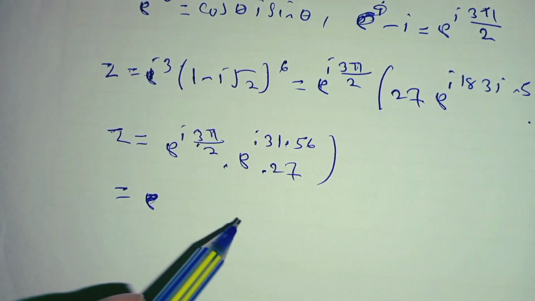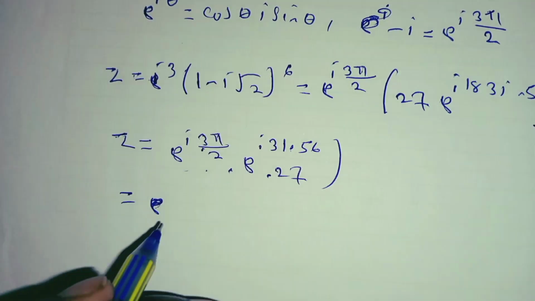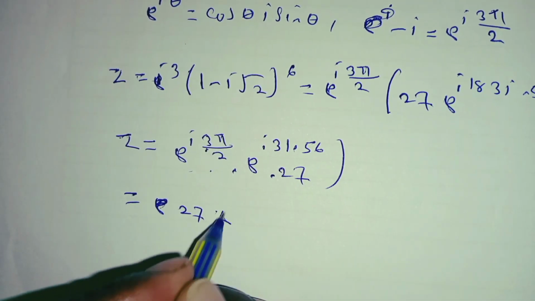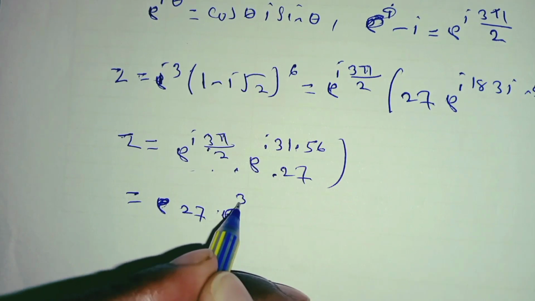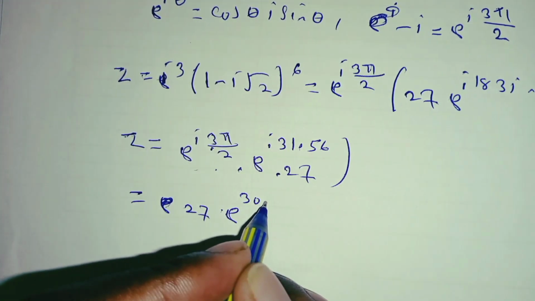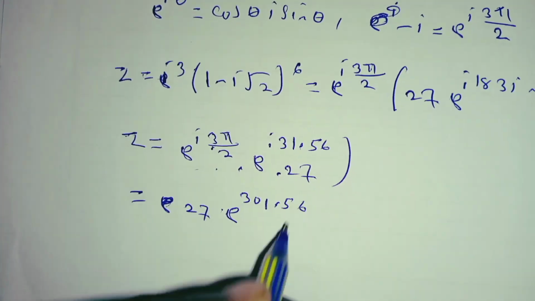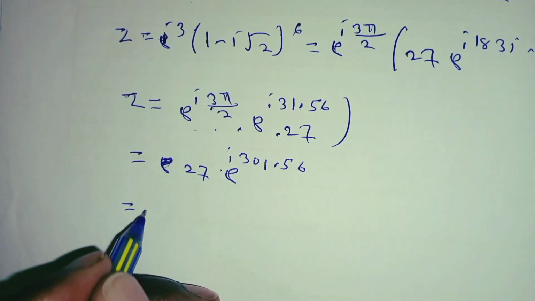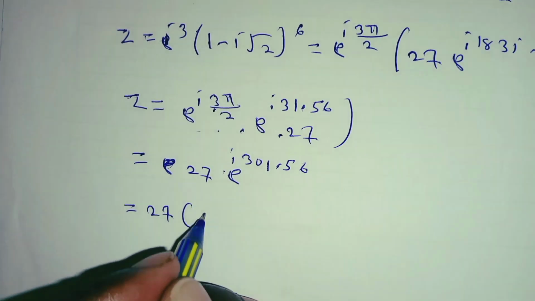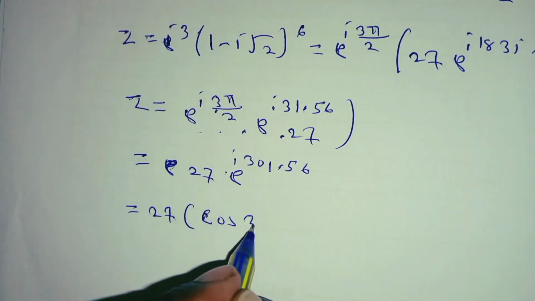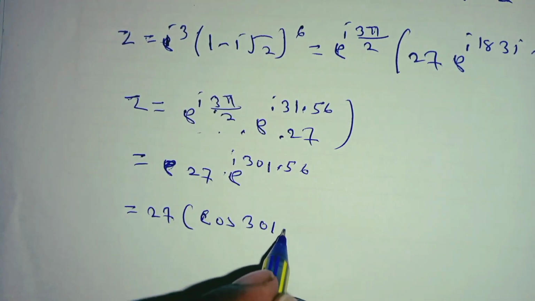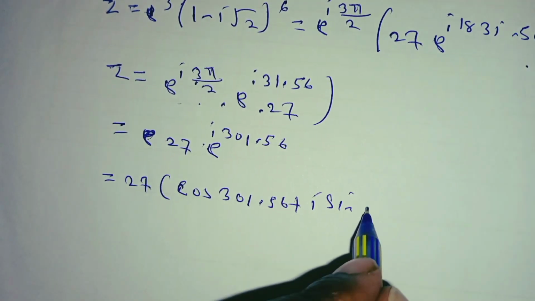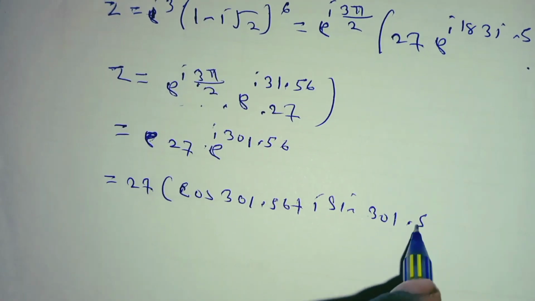When you add 270 with this part here, you are going to obtain 27 exponential i 301.56, which is equal to 27 into bracket cos of 301.56 plus i sine of 301.56.